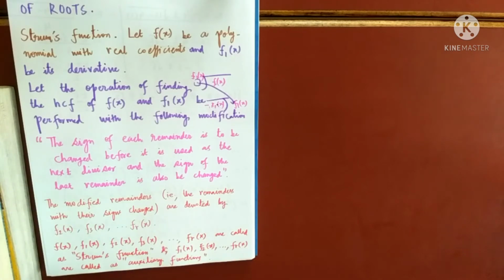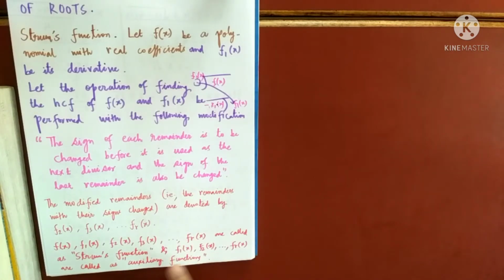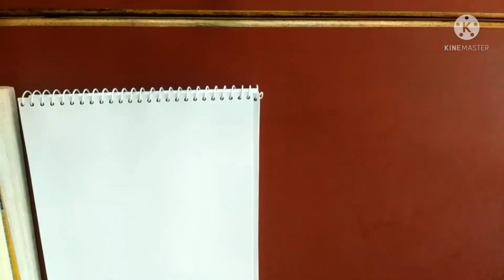That is the reason I call them auxiliary functions. So together they are all called Sturm functions, and the derivative and the modified remainders are called auxiliary functions. Okay.